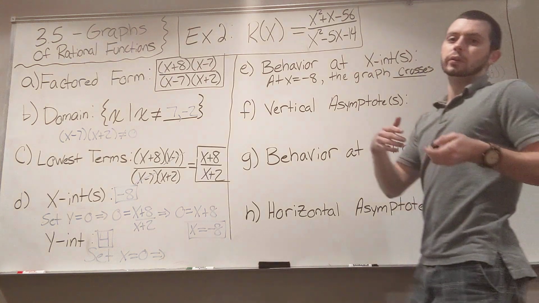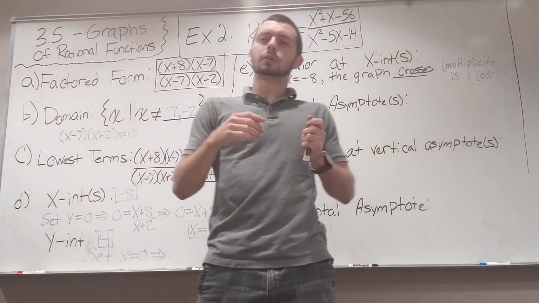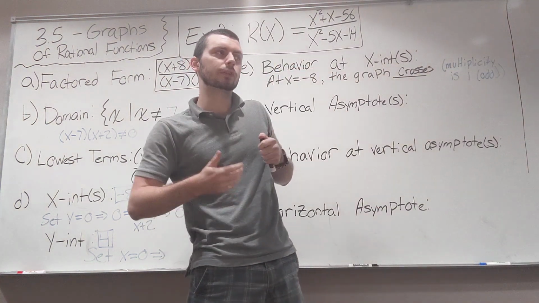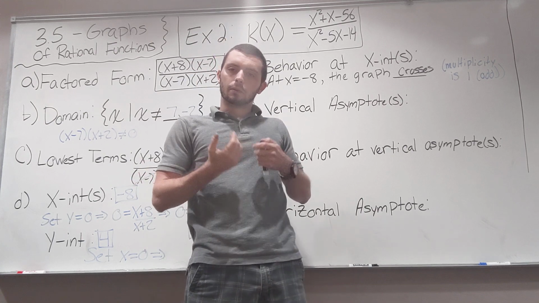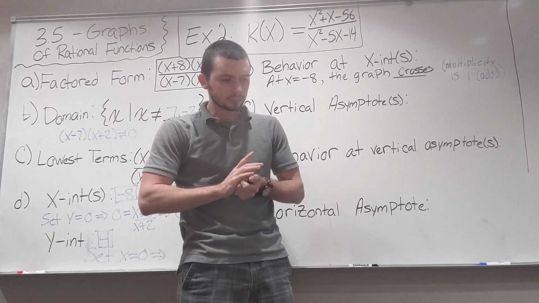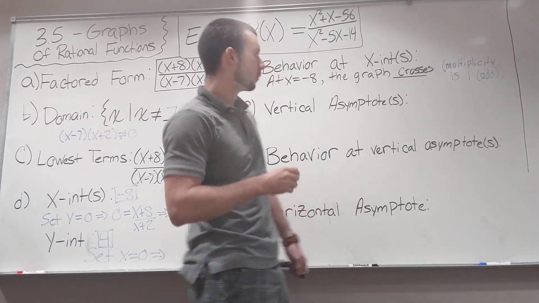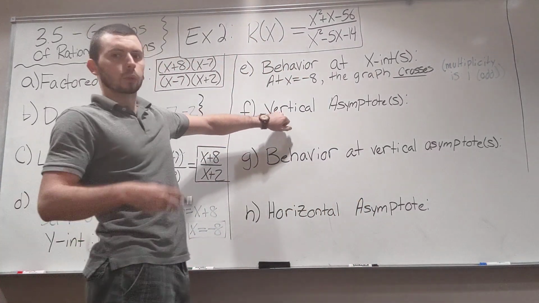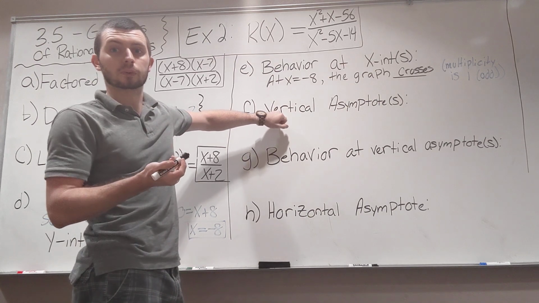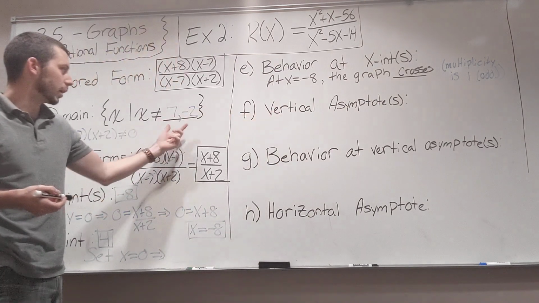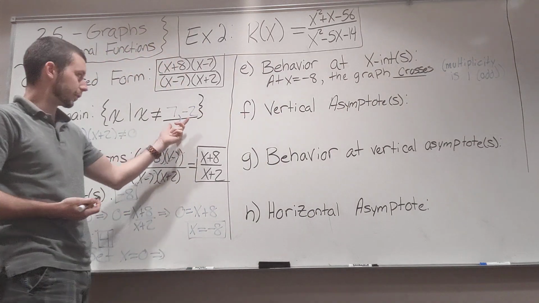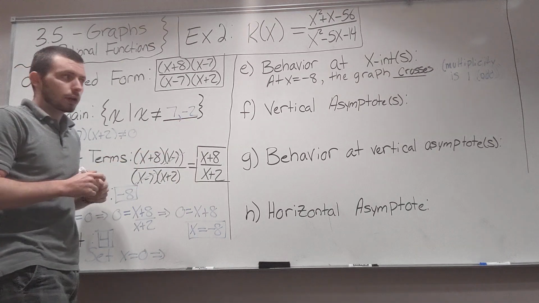And now we're going to move on to the vertical asymptotes, which is when things get a little bit different than what I've mentioned before. There's only one exception, and I haven't mentioned it yet. Normally I've been saying the vertical asymptotes are very much in coordination with the domain.